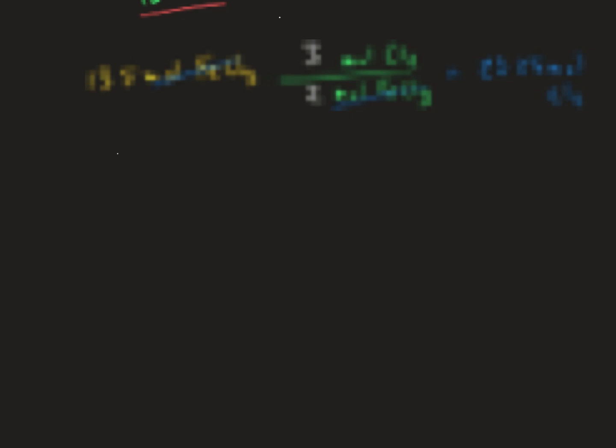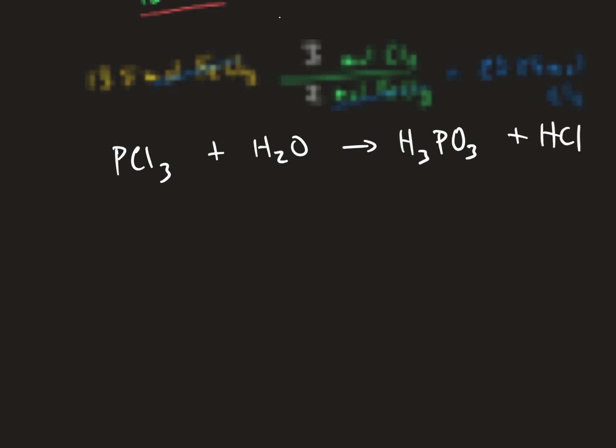So we're going to write that one here, and you guys can just balance it right now. PCl3 plus H2O yields H3PO3 plus HCl. Okay?